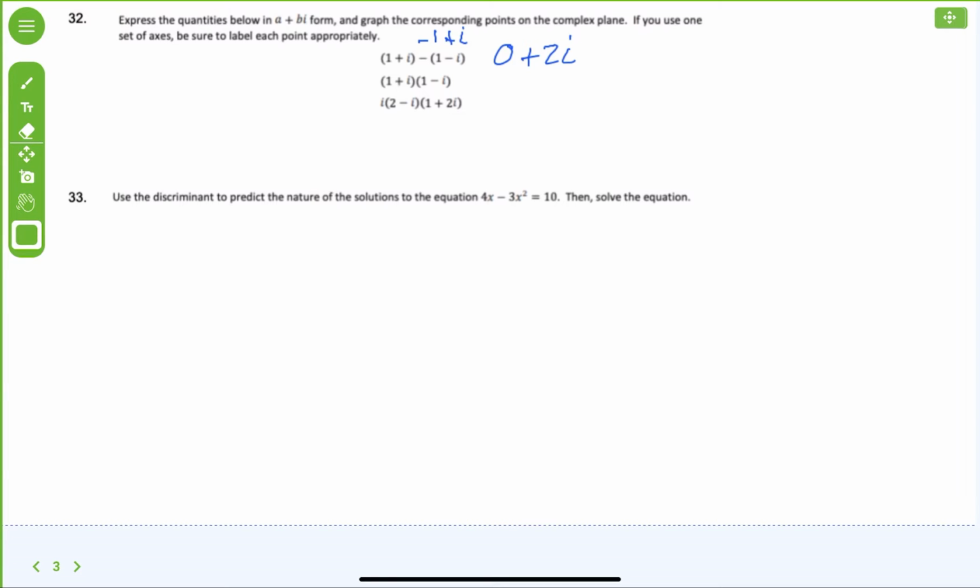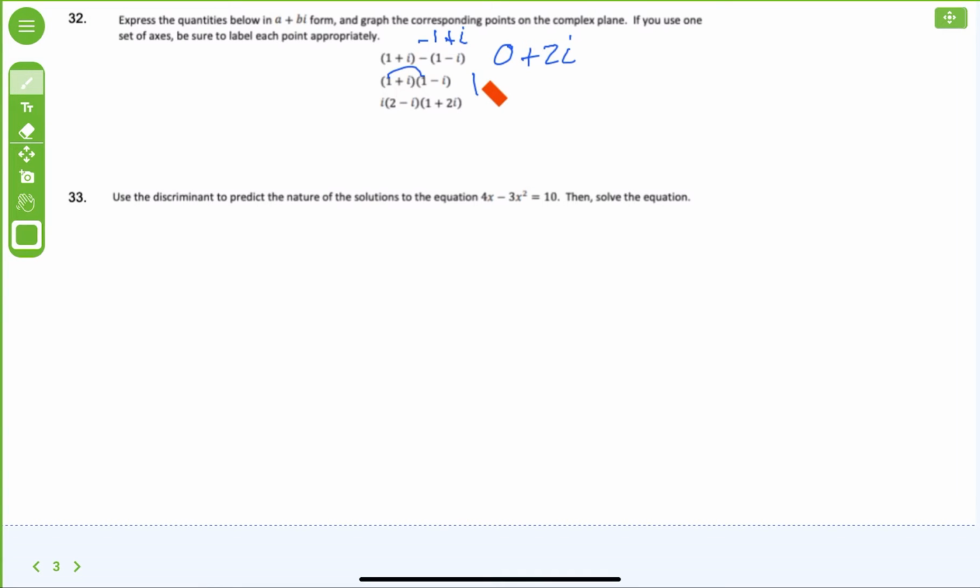Now if we do the distributive property here, you should recognize these to be the difference of two squares, which means that gets rid of your middle term. So 1 times 1 is 1. i times -i is a negative i squared.